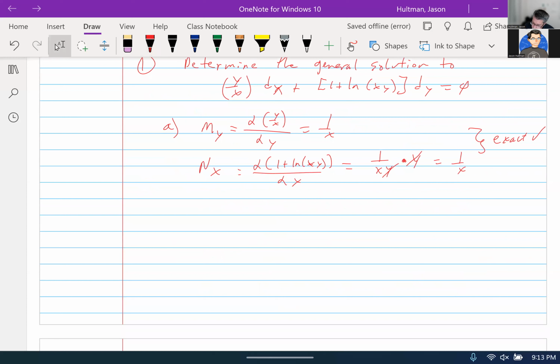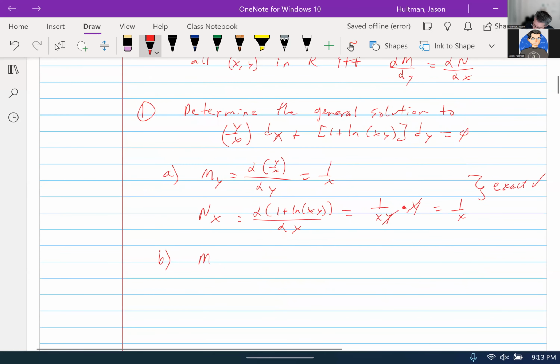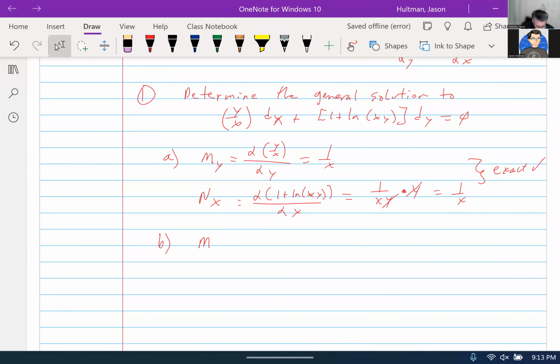So how do we find the solution to this exact differential equation? I know that M is equal to dphi/dx, and that's equal to y over x.